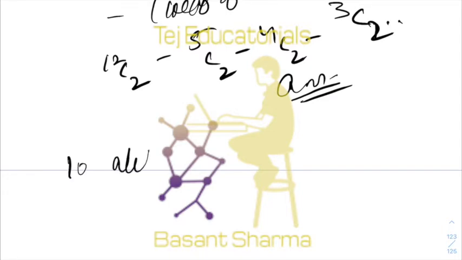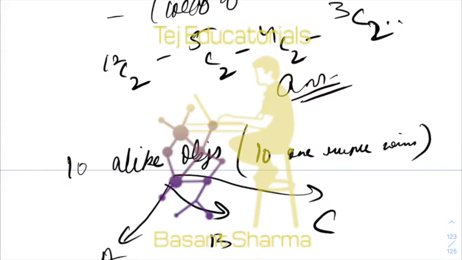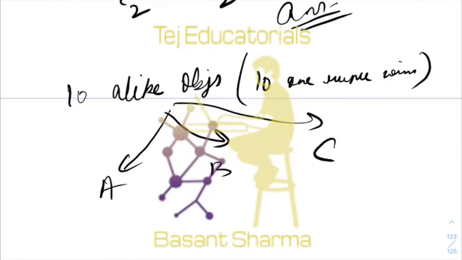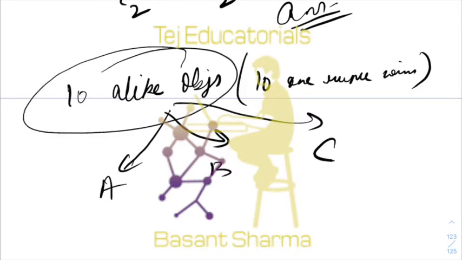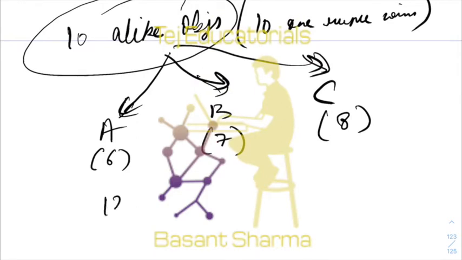You can think like this: you have 10 alike objects, which are nothing but 10 one rupee coins, and they are to be distributed amongst 3 persons, A, B, and C. A can get a maximum of 6 coins, B can get a maximum of 7, and C can get a maximum of 8. So the total number of ways is nothing but 12C2, which is 10 plus 3 minus 1 C 3 minus 1.